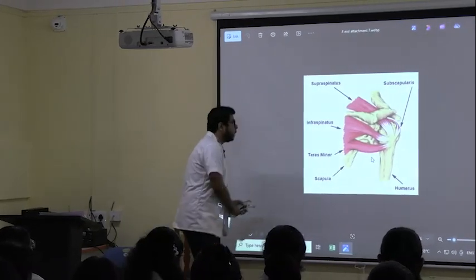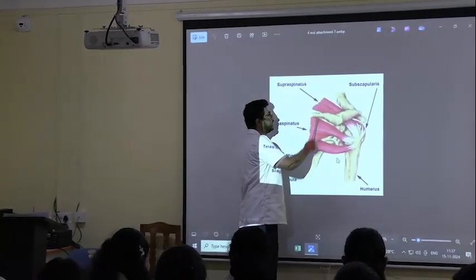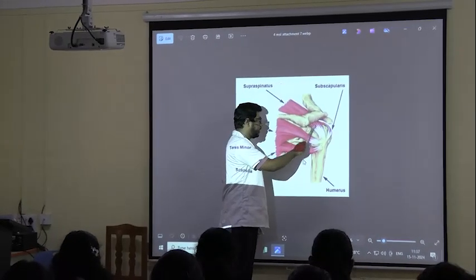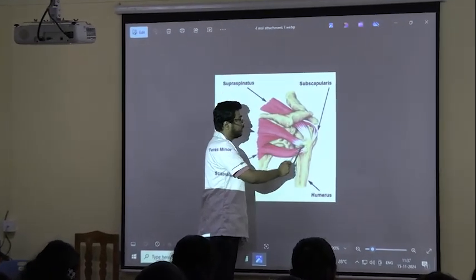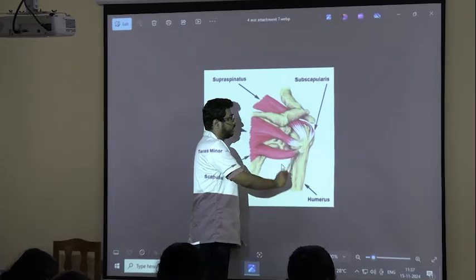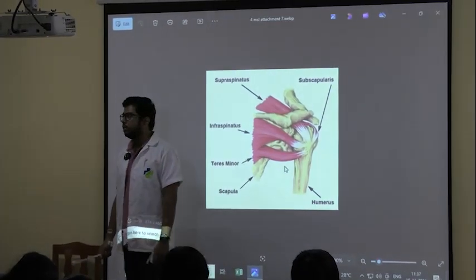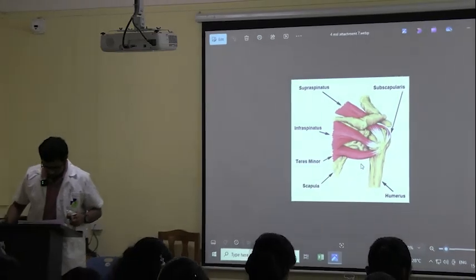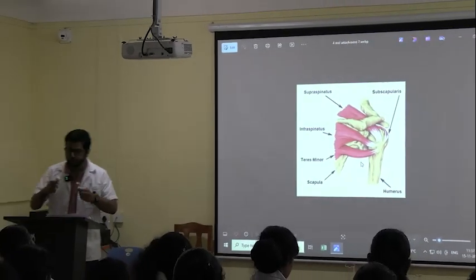Okay. These muscles are attaching here, but where are they going? They are going like this, all the three, and attaching here in the humerus. So if you don't study, you won't be able to understand.